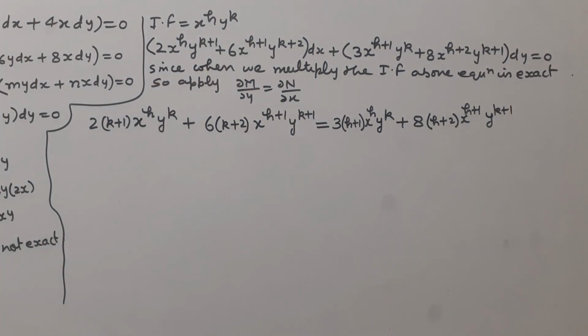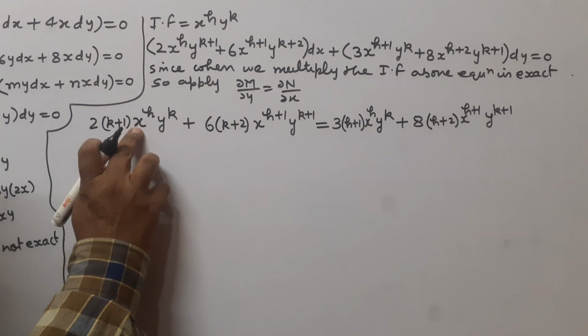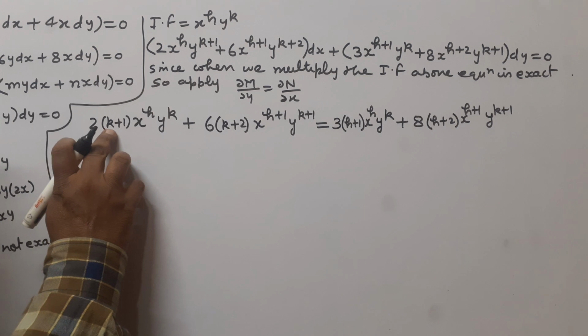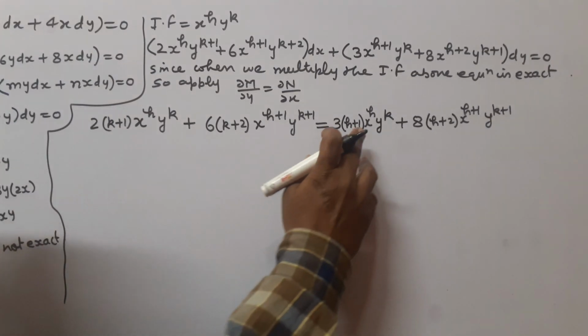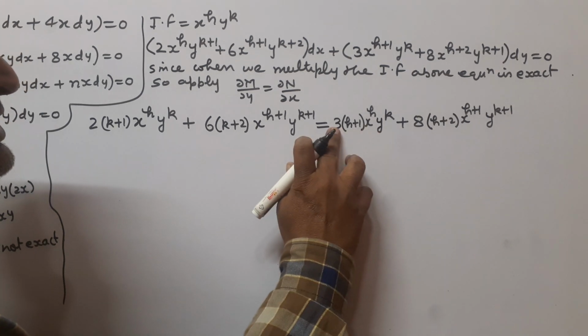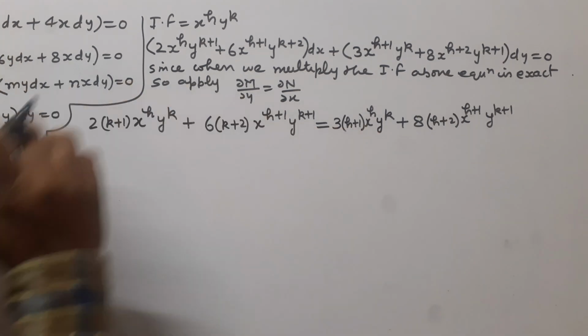Now we equate the coefficients of the same powers of x and y. Here the coefficient of x to the power h multiplied by y to the power k is 2 times (k plus 1). On the right hand side, the coefficient of x to the power h multiplied by y to the power k is 3 times (h plus 1).